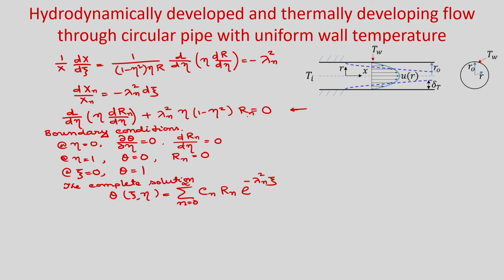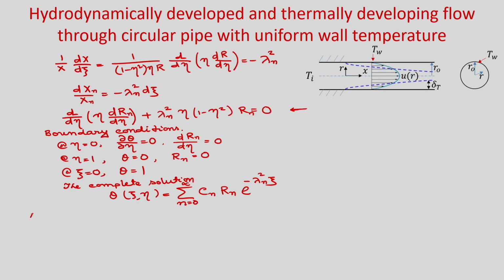Once R n is known, then you can write the complete solution as C n R n e to the power minus lambda n square xi. This is very important because this equation you need to solve and its eigenfunctions are R n, and in the complete solution this is coming as R n.